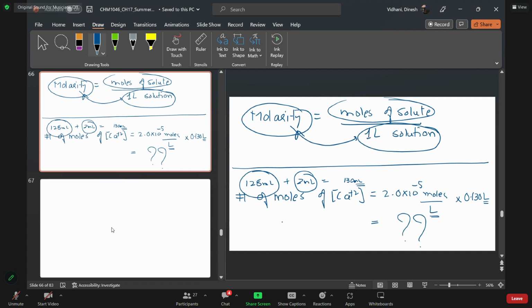So the number of moles of calcium ions to begin with was 2.0 × 10^-5 moles per liter, but this will change into 0.128 liters. Can you find me the amount of calcium ions in this case?